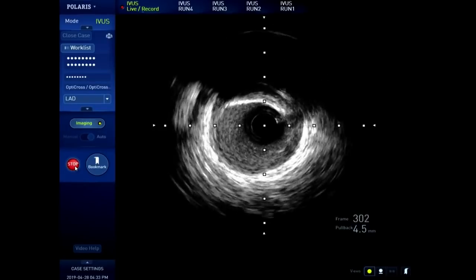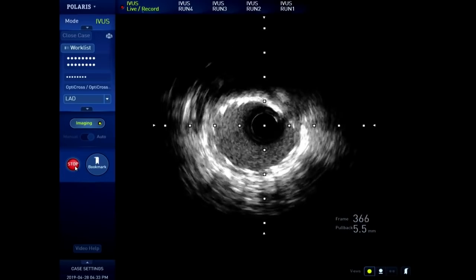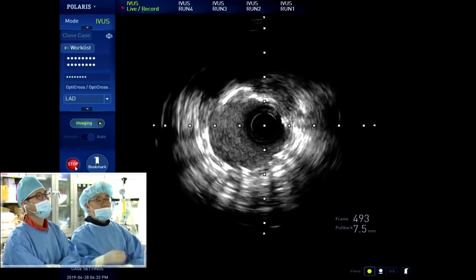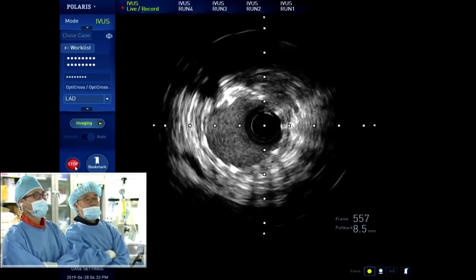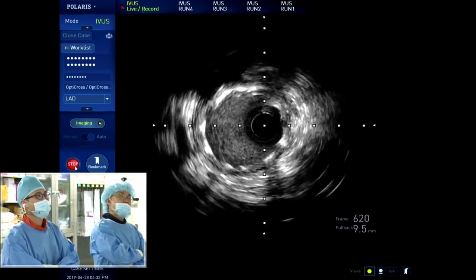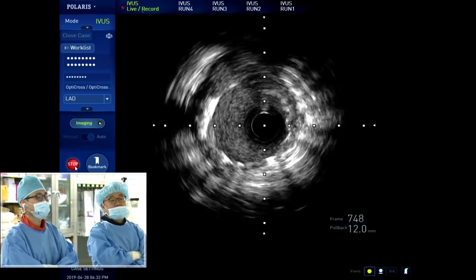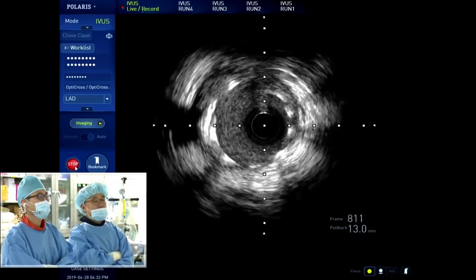Okay, but if we want to be precise, you have to do some OCT. Edge dissection, hematoma. Akiko, you mentioned that stent expansion is good. So, Dr. Park, how can we decide the approach to perform in these cases?